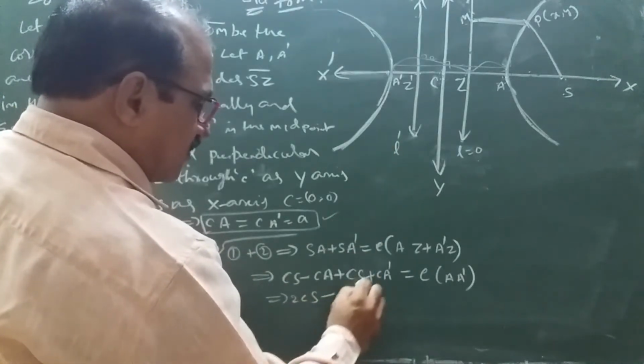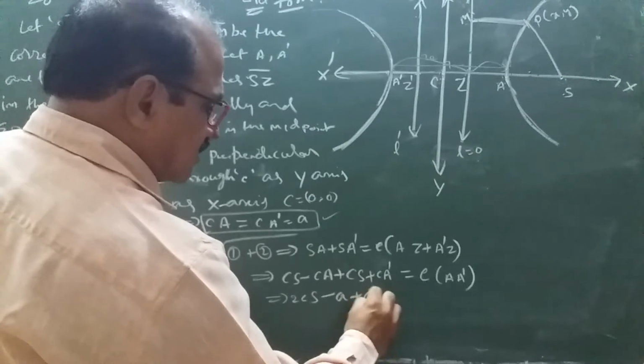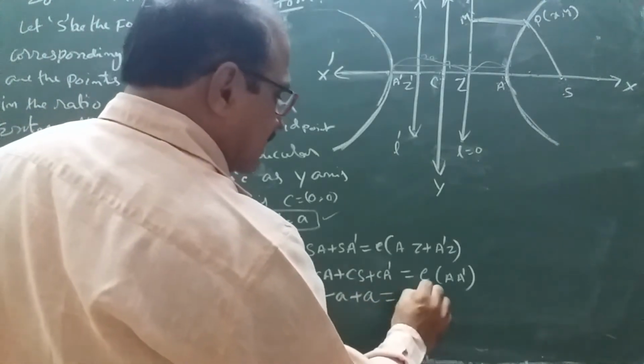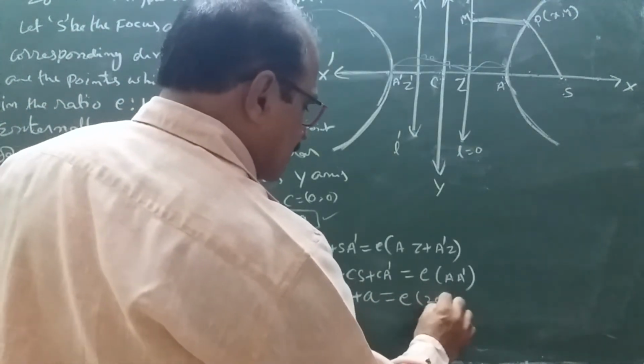Minus a plus CA dash also equal to a, is equal to E into A dash A, which is 2a.